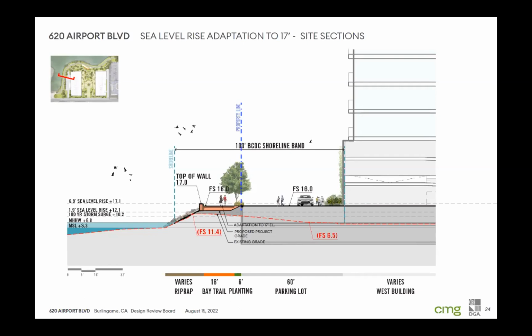So putting permanent structures in that area is counter-indicative to the goals of their shoreline protection planning. So it's a little more nuanced of a discussion in this particular city at this particular time. Right. So I'm not disagreeing with anything you're saying or discounting it. I'm just framing it a little more from a staff perspective.